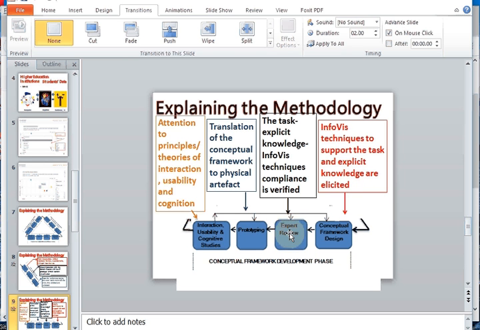So the next stage is expert review, which is showing what we achieve at this stage to experts in the field.